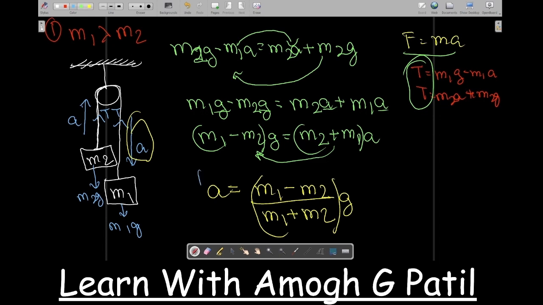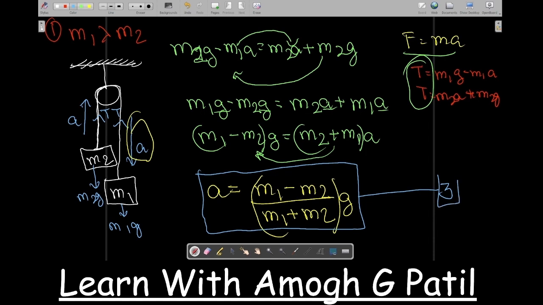Let us take this as the third equation. I'll just note this down also. a is equal to M1 minus M2 by M1 plus M2 into g.